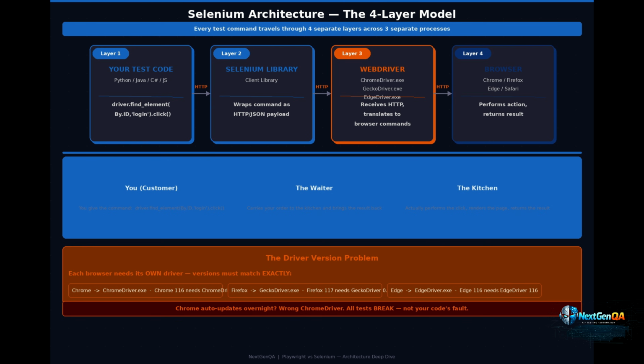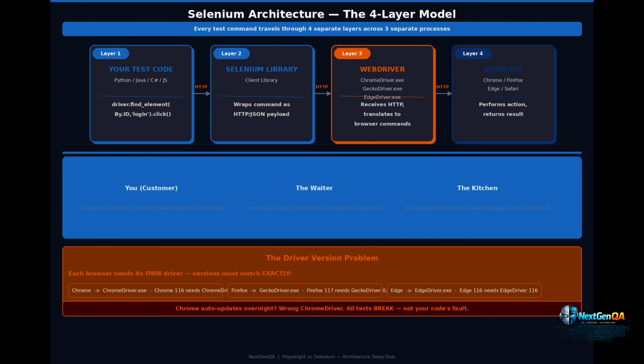Step 3, the web driver, which is like a postman. This is Chrome driver or Gecko driver or Edge driver, a separate executable program you have to download and install separately. It receives the HTTP request, translates it into browser-specific instructions, and sends those instructions to the browser.